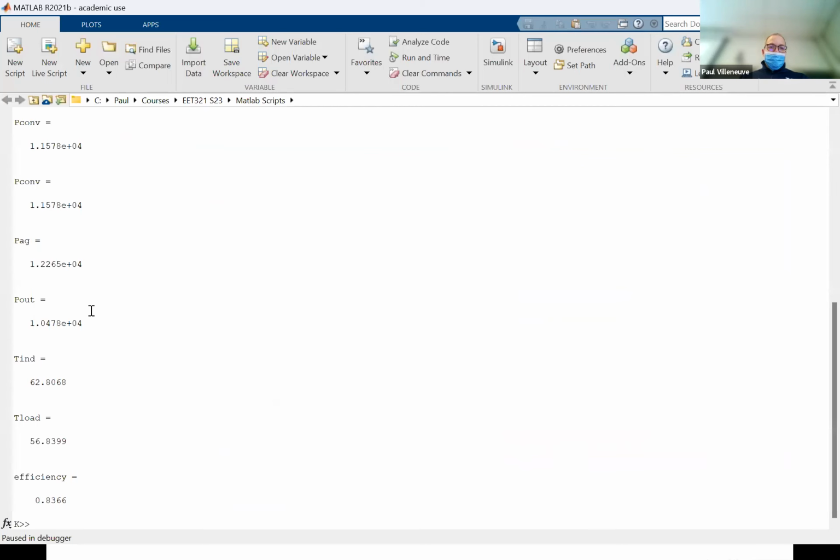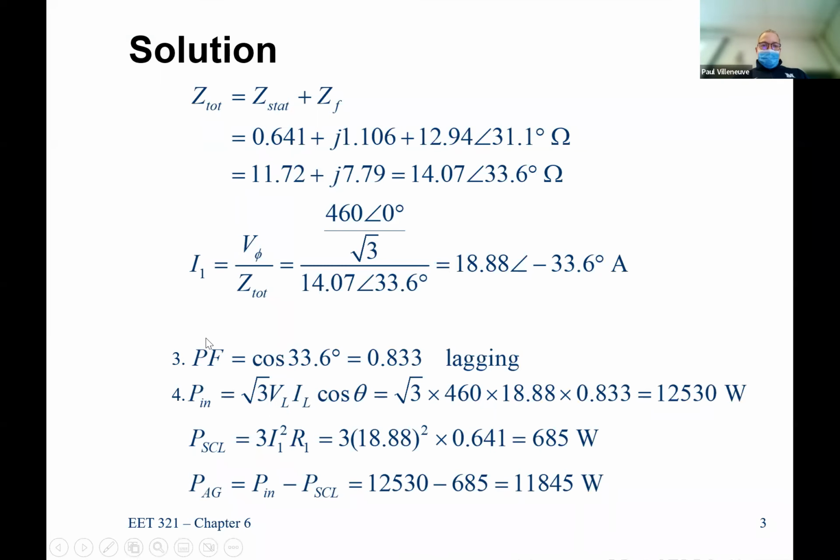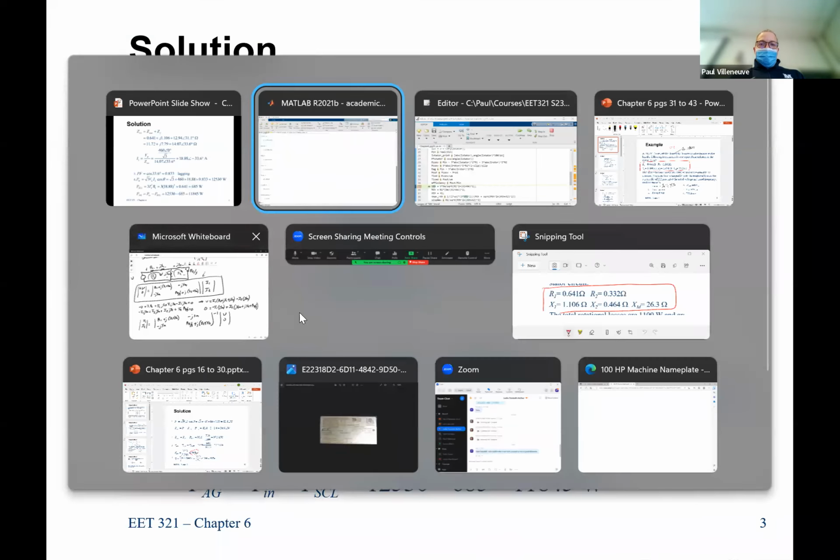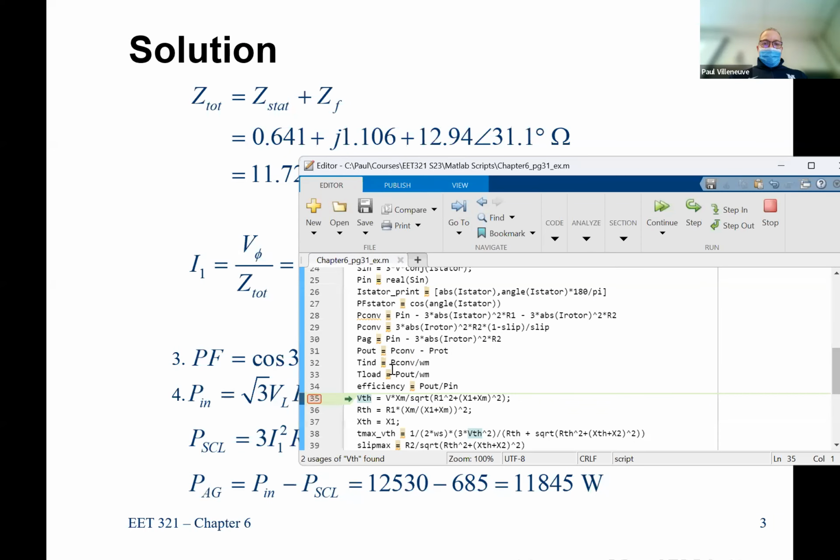1184.5 versus my air gap. Why am I having a hard time with this? Oh, geez. The pure air gap is not stator, it's not rotor, it is I stator times R1. Right? So this right here is the air gap power.